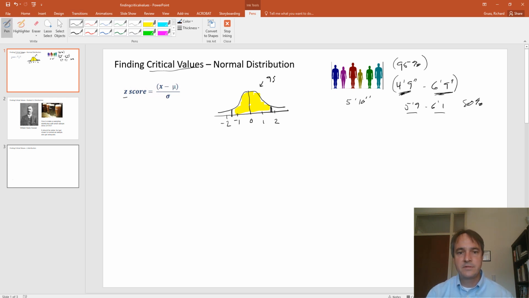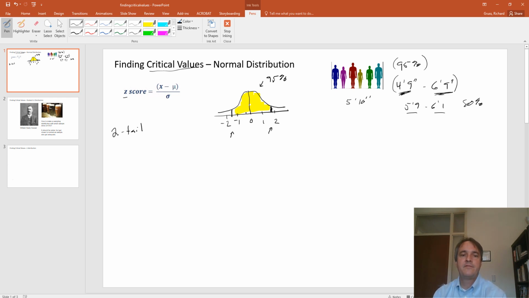So find the values along here, this one and this one, such that 95% of the area under here is between those two values. So we're going to have a left critical value and a right critical value. We're finding two-tail values here. Two-tail means there's going to be one on the left and one on the right.